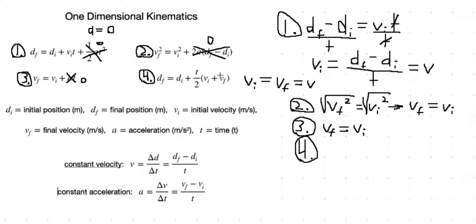So for equation 4, we don't have acceleration in this equation, but we know that vi is equal to vf, and we just called this variable v. So we could set vi equal to v, and then vf equal to v. So let's do that for equation 4.